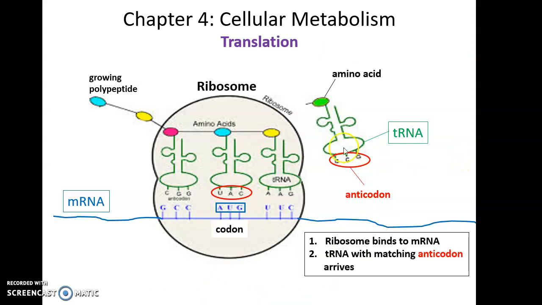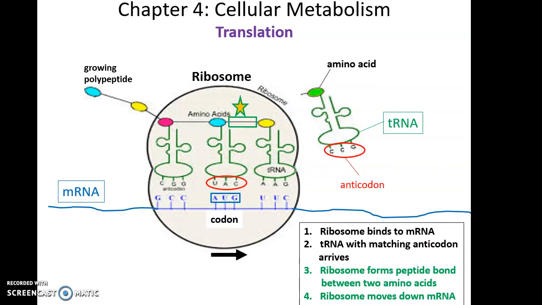All right, so it starts with the ribosome coming in and attaching to a messenger RNA, finds the beginning of the important sequence, and then tRNAs come in, and if the tRNA's anticodon matches with the codon, then it stays in and has brought the correct amino acid.